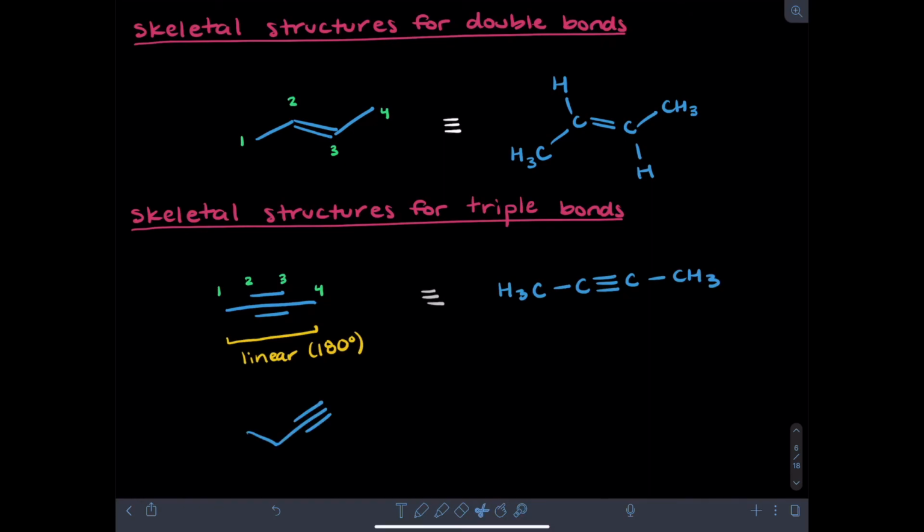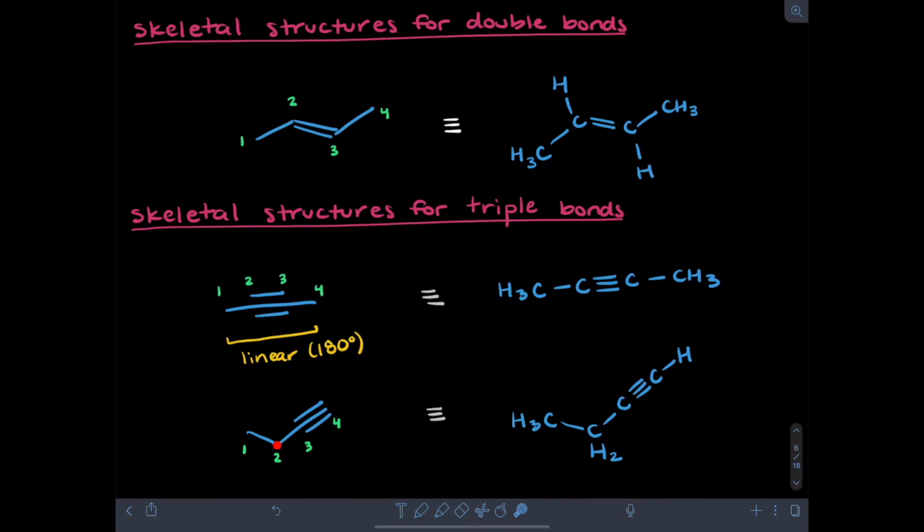You'll also see cases where the triple bond is at the end of a molecule rather than in the middle. Here I've labeled the 4 carbons of this molecule. Keeping in mind that each carbon has 4 bonds total, and ones that aren't shown are to hydrogens, carbon 1, which is only attached with a single bond to carbon 2, has 3 hydrogens implied.